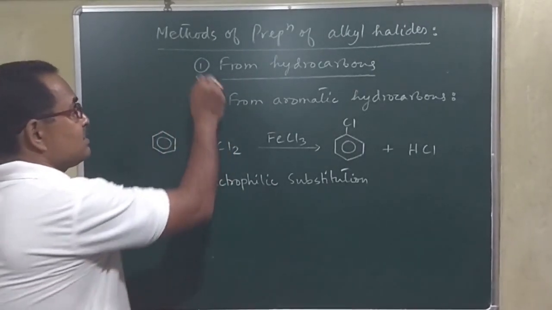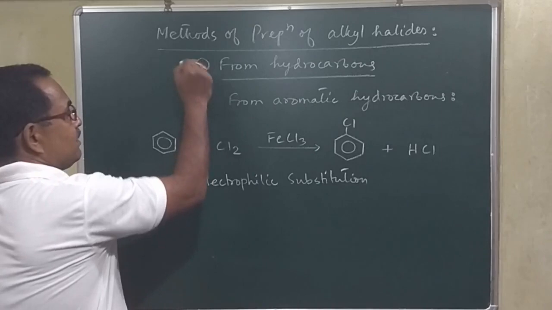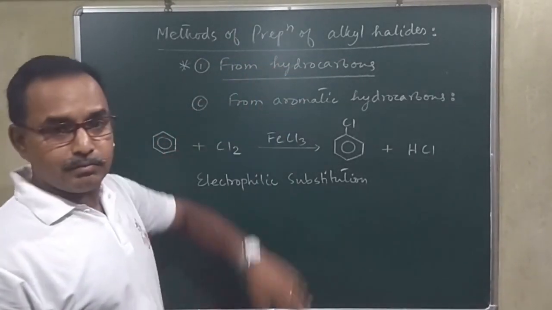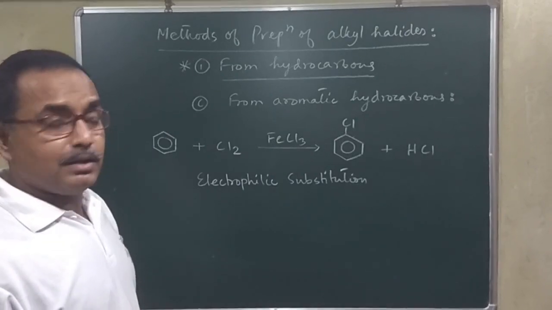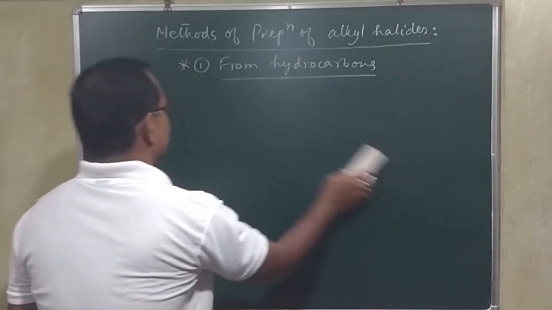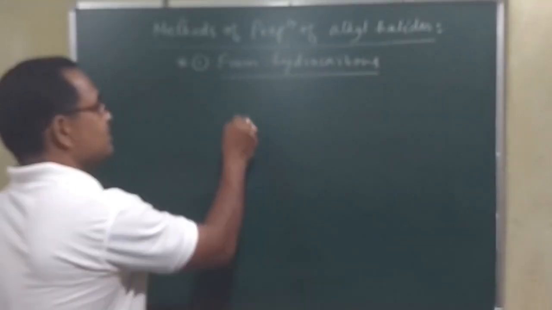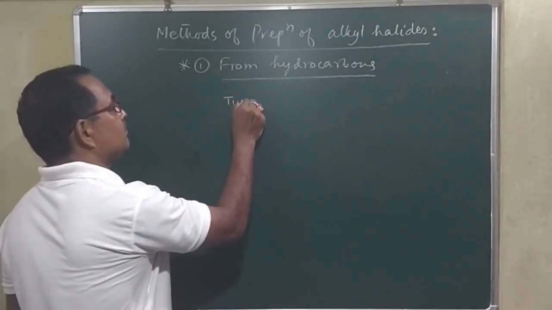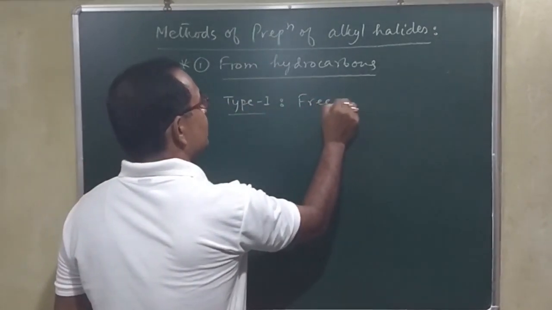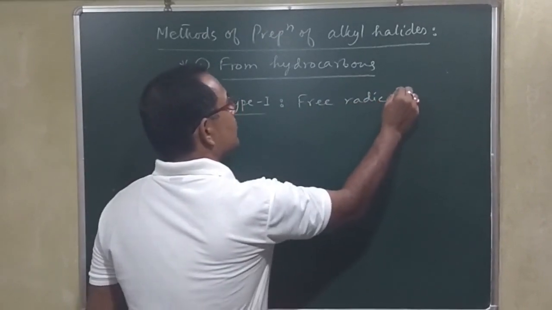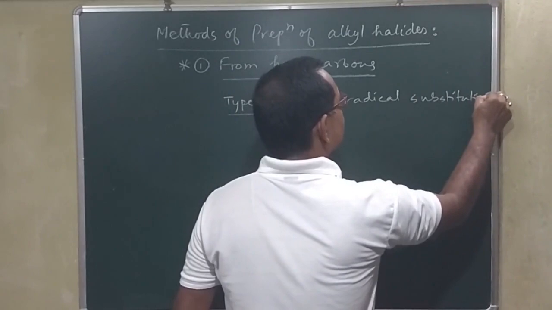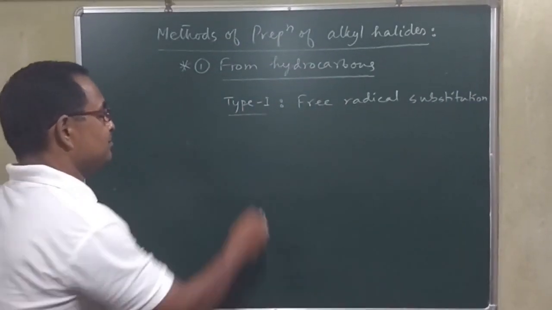So if we study this particular point, method of preparation of alkyl halide from hydrocarbons, we have got three types of reactions. Type 1, free radical substitution.